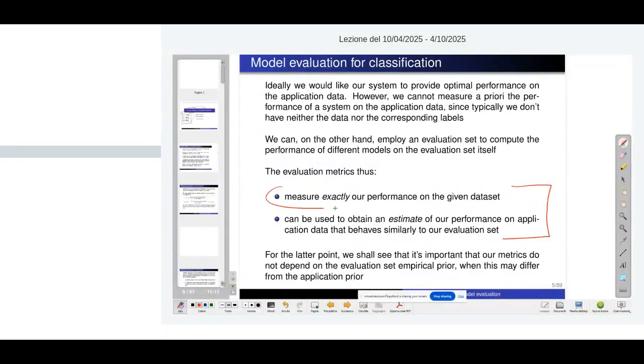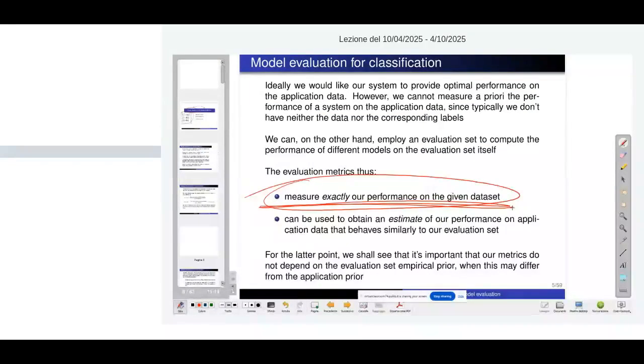One is that it is a measure that is exact for our performance on the evaluation set, because on the evaluation set we are measuring exactly how good the metric would be for those data if we had applied the classifier to those data, if those data were the real application. So if we apply our classifier to those data, we measure exactly what is the performance for that dataset.